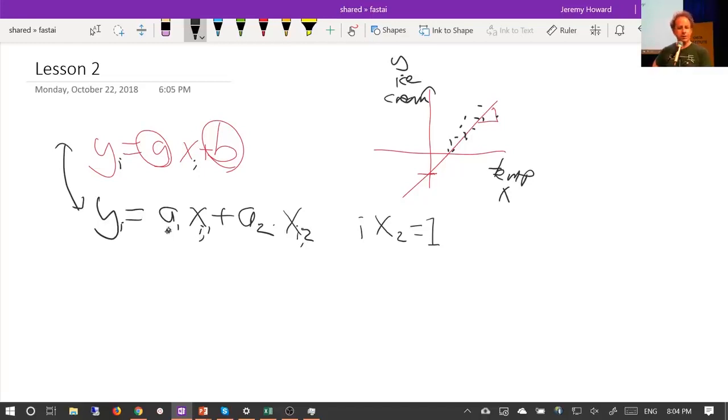Okay, but notice there's still only one of each of these. Right? So these things here are called the coefficients or the parameters. So this is our linear equation, and we're going to say that every xi2 is equal to 1.